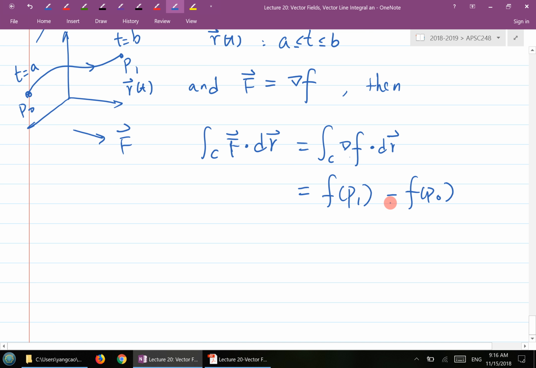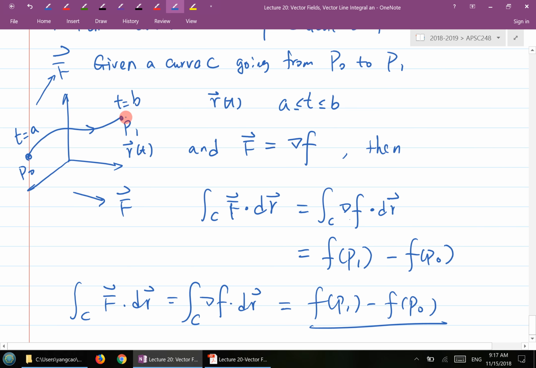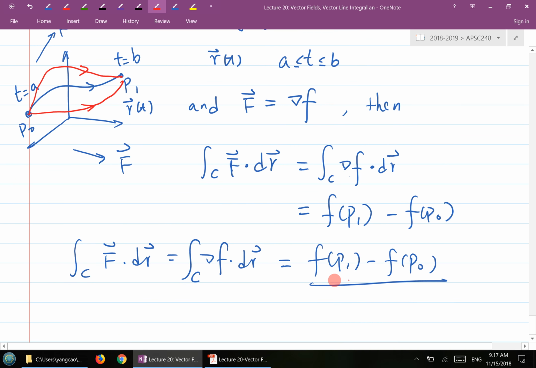If I have a vector line integral of F dot dr, where F comes from del f, then looking at the final calculation between P0 and P1, I can have a completely different kind of curve C, and this vector line integral value from P0 to P1 is completely path independent.